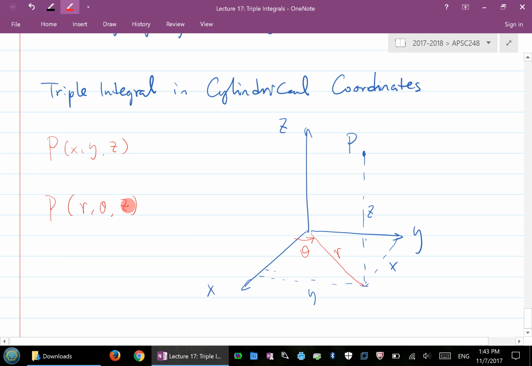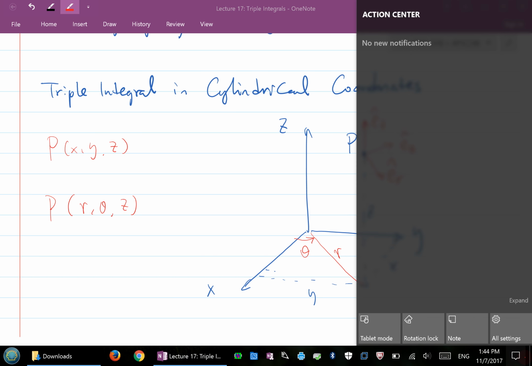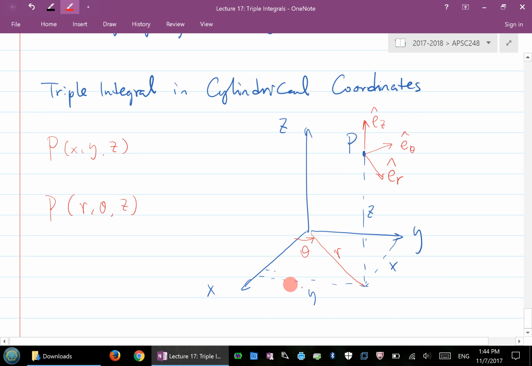So the idea is essentially that at this point right here, you can always use another coordinate system. Let's say this is your z axis here, and then this is the r coordinate, in the direction of this r here. And then you have this theta here. The theta direction is always perpendicular to the r, so it's a rotational direction.